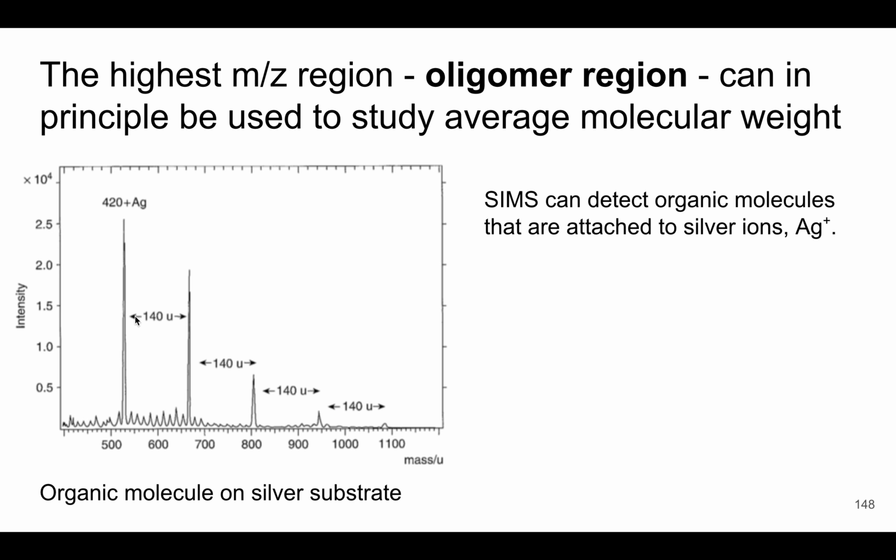And so you see here that the peaks that we see are in denominations of 140, which is our repeat structure. And so in this case, it's being used to detect organic molecules attached to silver ions. But we're able to study a much larger structure. And so there's a big range of information that the SIMS technique can give us.